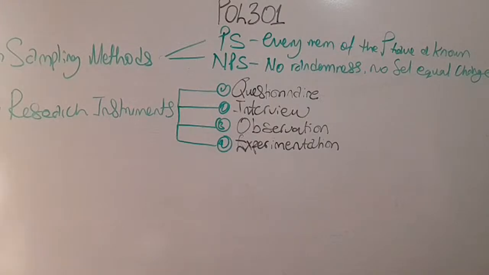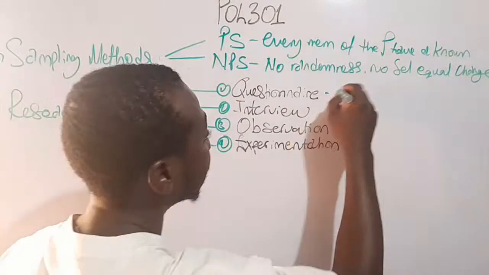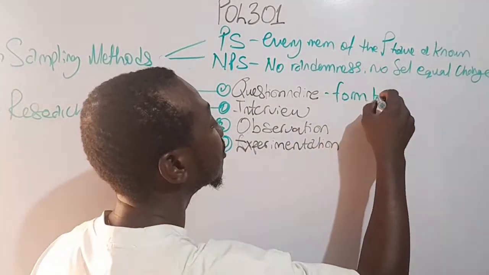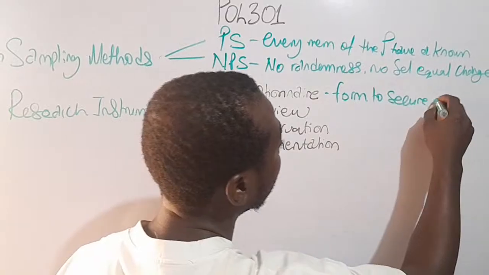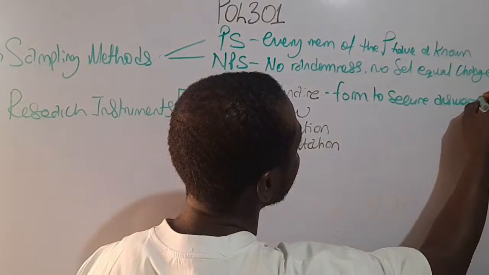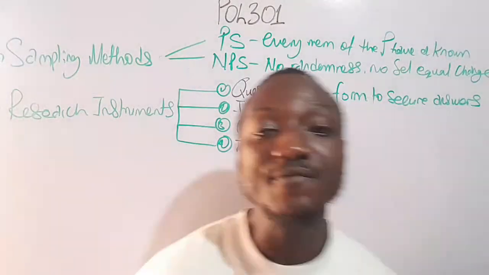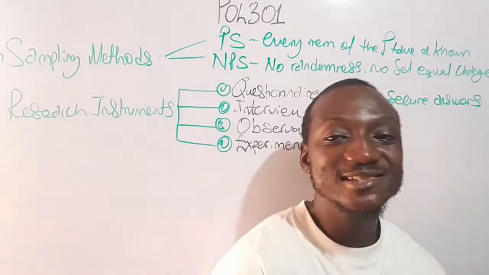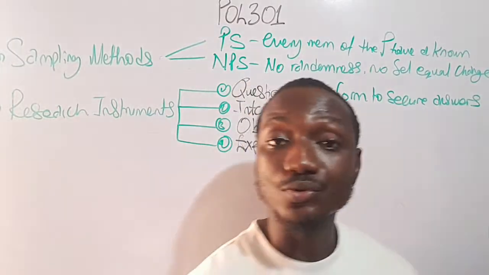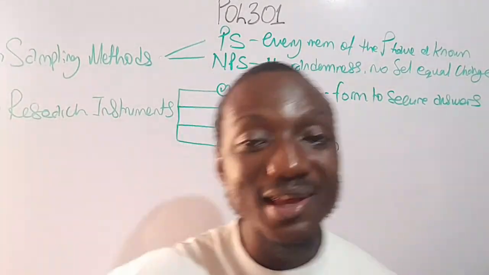The use of forms to secure answers. Questionnaire is a form expected to be filled by respondents. Who are the respondents? The respondents are the intended individuals the researcher is handing over the questionnaires to for them to respond to the questions in the questionnaire.